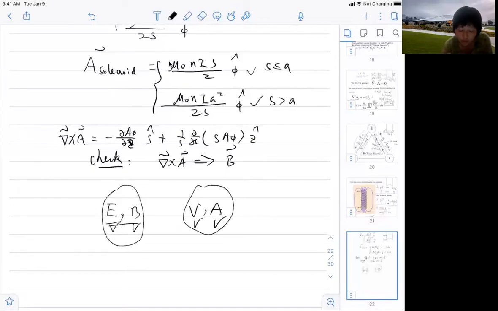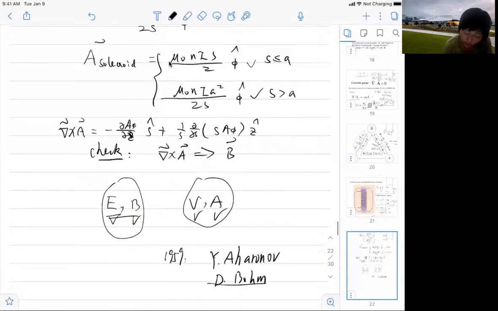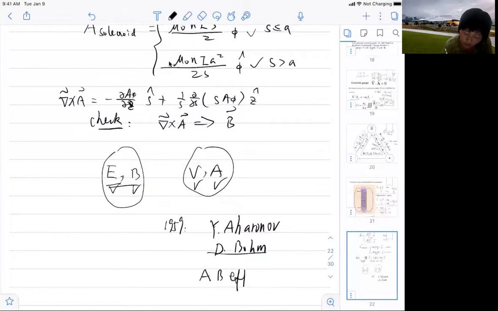But later on, in 1959, two scientists, with initials A and B, discovered something, and their names are carried over to talk about the AB effect: you can have a non-zero A where B is 0.